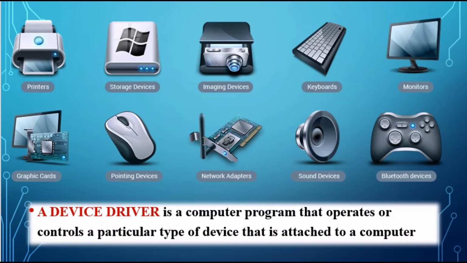And this is what we call a device driver. For example, peripheral devices like the printers, the scanners, the mouse, the keyboards, the Bluetooth speakers, which are attached externally to the system, they all have a specific driver associated with it.